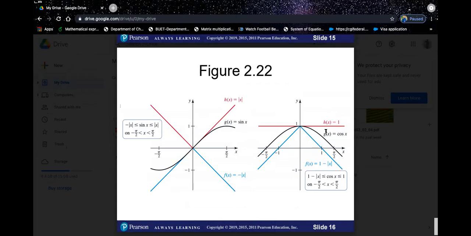So cosine x definitely lies in between these 2. So again, using the squeeze theorem, if you can find the limit of these 2 for x approaching any value, and if they match, we'll be able to say that the limit of cosine x will be the same as well.